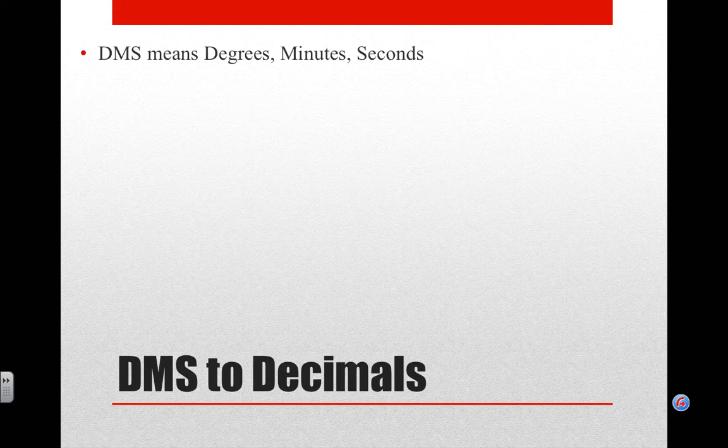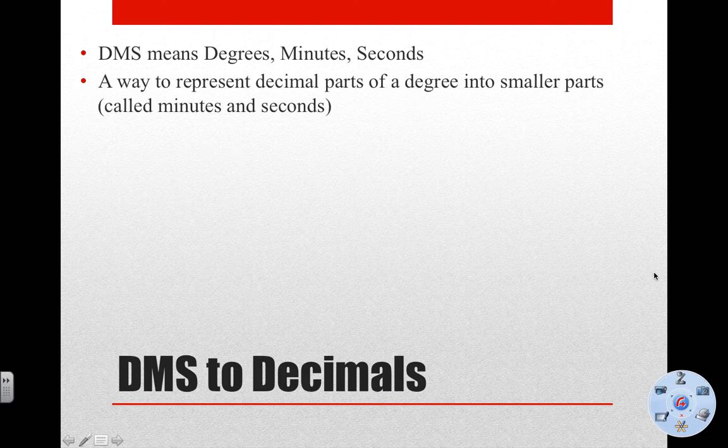All right, so DMS is just an abbreviation for degrees, minutes, and seconds. It's just a way to represent decimal parts of a degree in smaller parts called minutes and seconds. We can take an entire circle and break that up into 360 degrees. We knew that already.